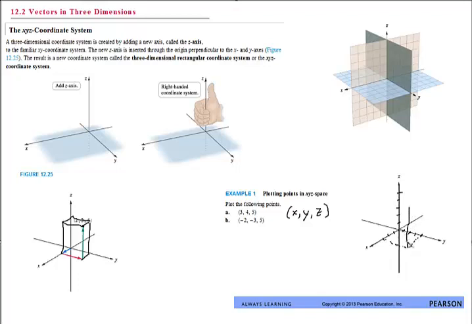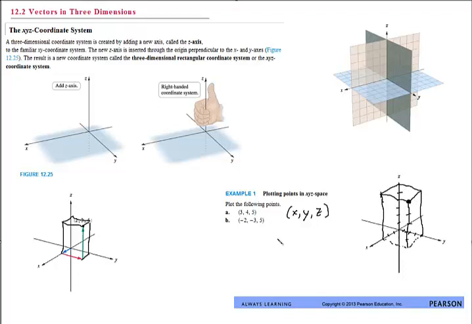So I would count off 1, 2, 3, 4, 5 units. That would give this box right here. Goes up 5 units, and then all the time you're going to have to just visualize this point out here in space.